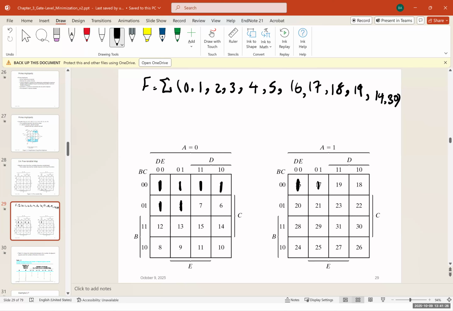We have 16, 17, 19, and 18. And then we have 14 and 30. I'll give you 4 minutes to think on this.